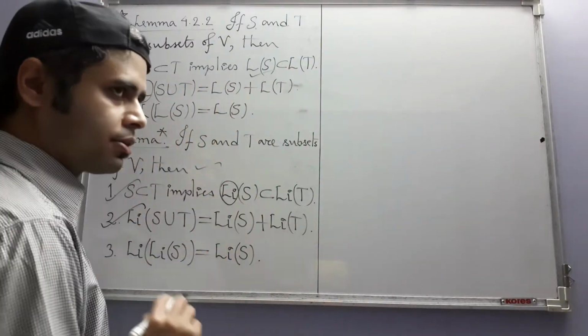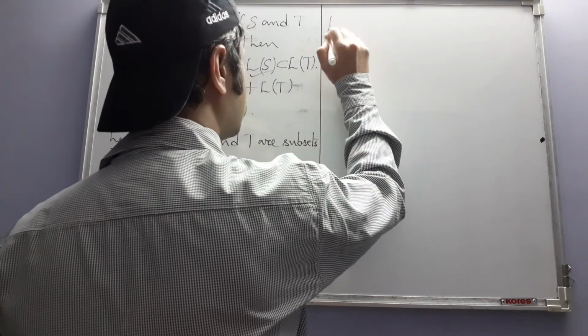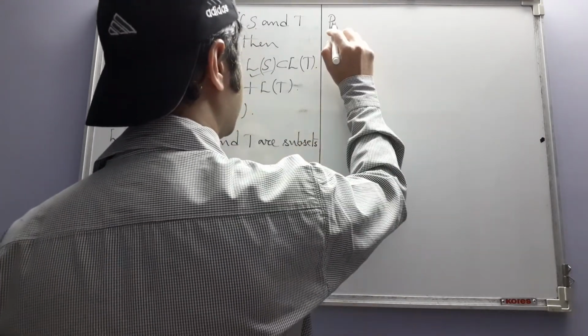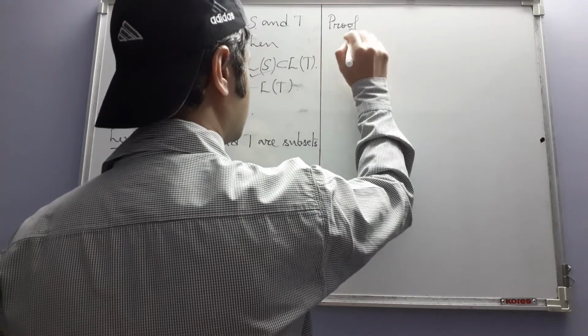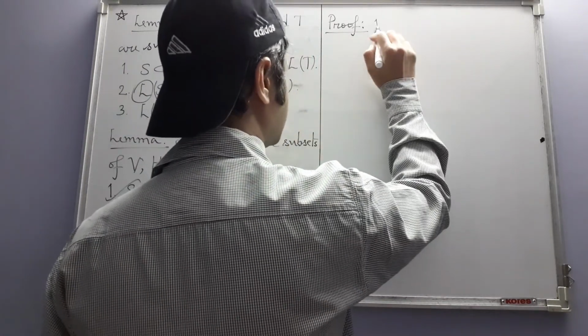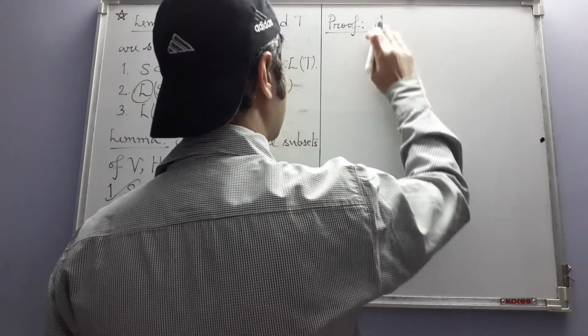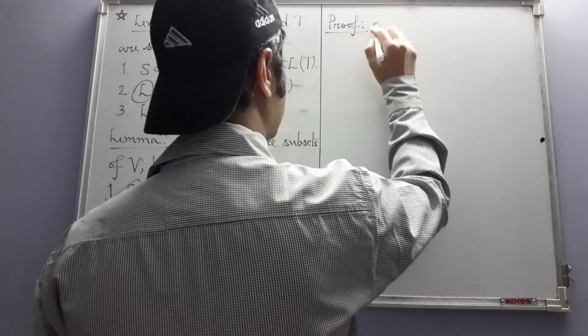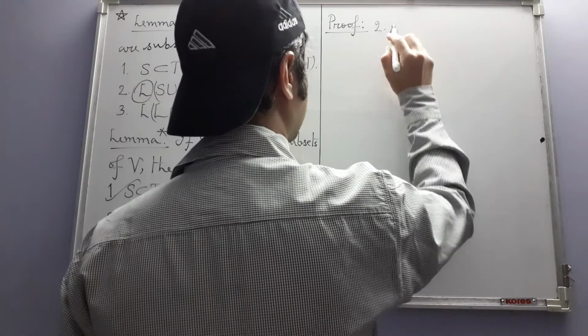So you can understand that 1 has already been proved and half of 2 has been proved. So I start the proof like this. Because we are going to prove 2, let's just write 2.